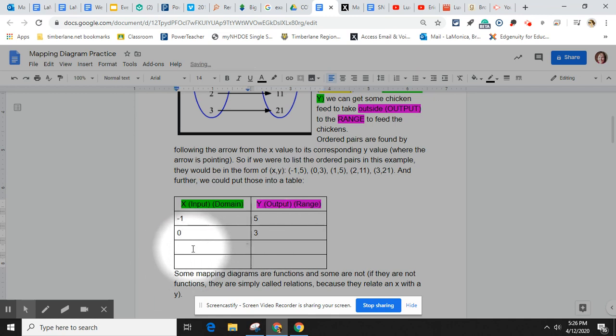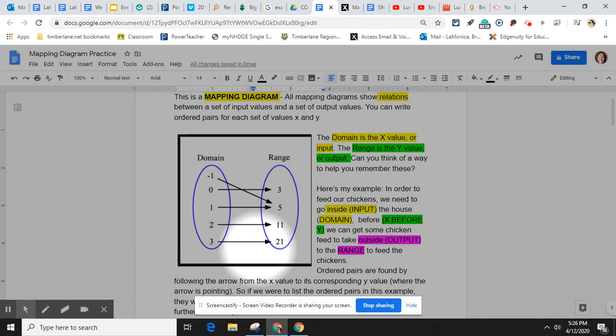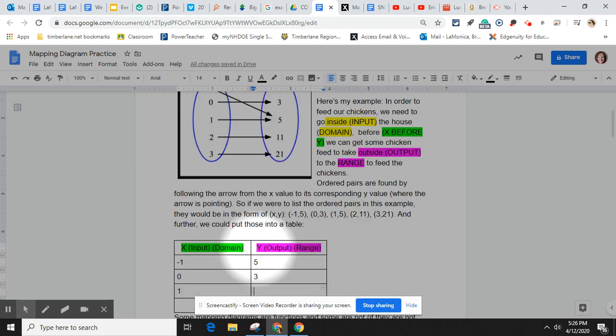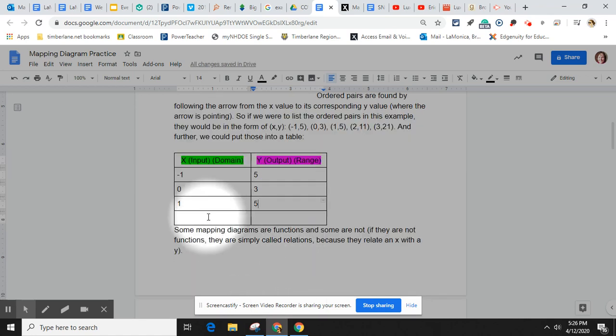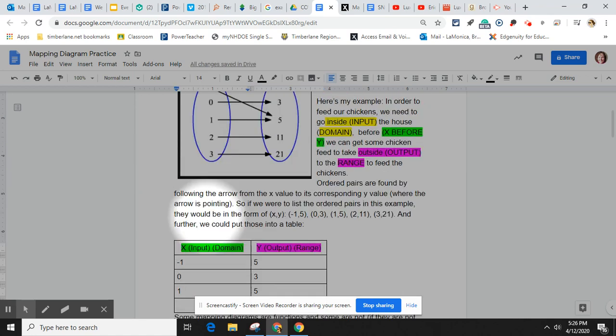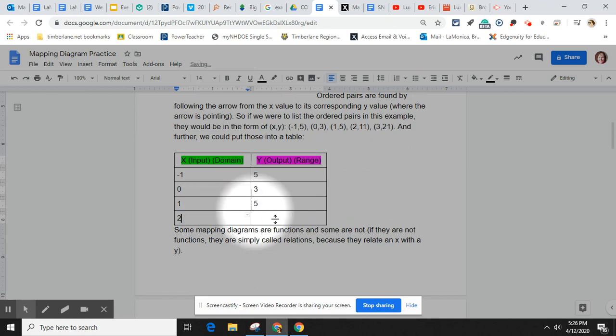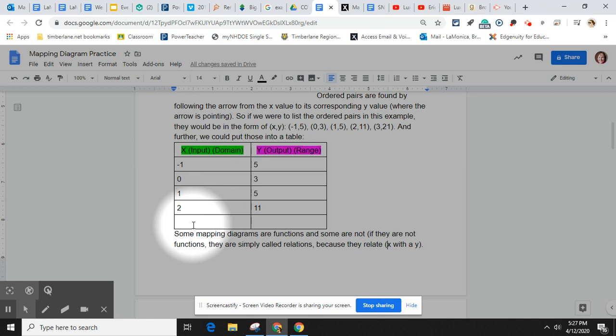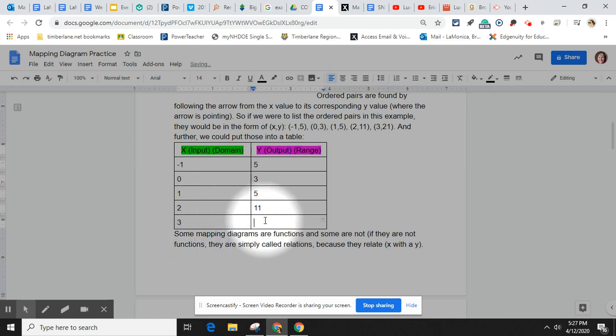The next one would be 1 and a corresponding 5. Then we've got 2 and 11. And finally, we've got 3 with 21.